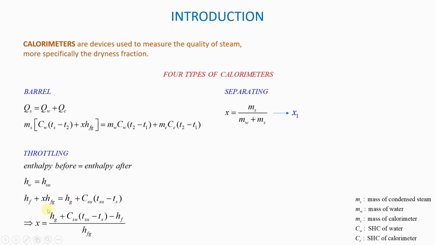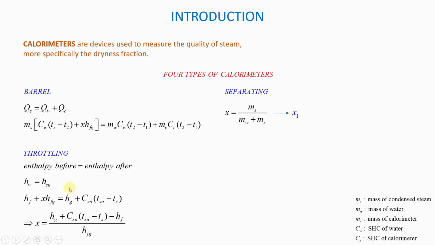And HF and HFG, this is before throttling. This is the enthalpy before throttling. So you will read these values at the pressure before throttling, okay? It's very important for you to understand that. Do not make the mistake of reading HF, HFG, and Hg here at the same pressure, okay?